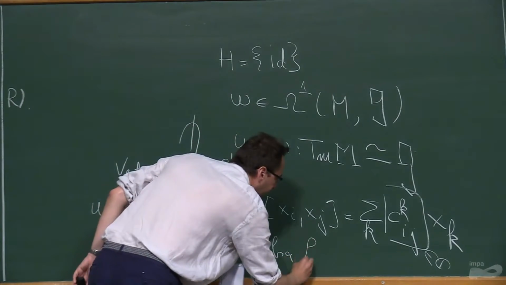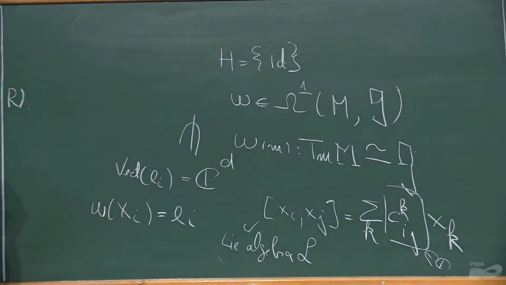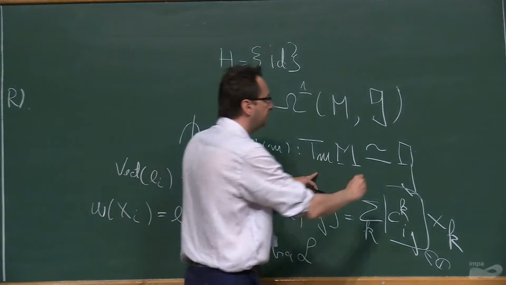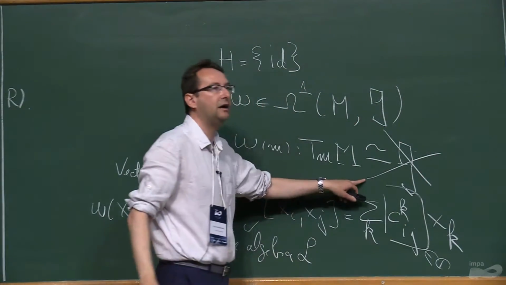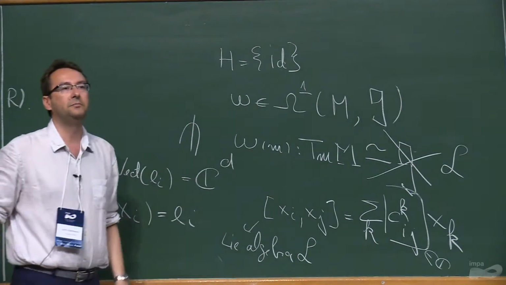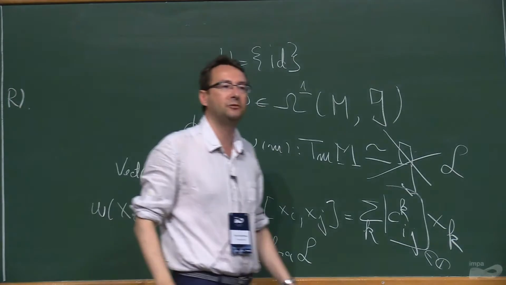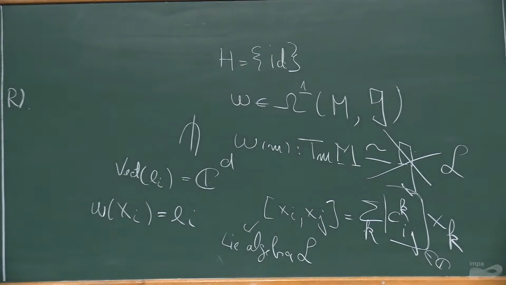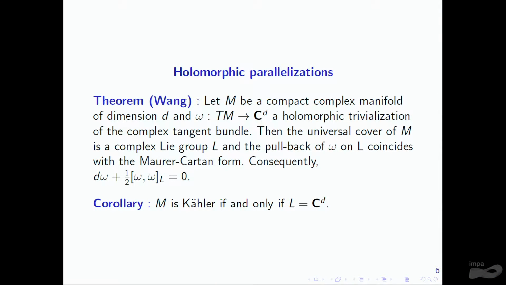I will call it L. So if you change the structure here of this Lie algebra from G to L, omega becomes an isomorphism of Lie algebras, not only an isomorphism of vector spaces, meaning the structure becomes flat. Your holomorphic parallelization is isomorphic to left-invariant holomorphic vector fields of the associated complex Lie group L.